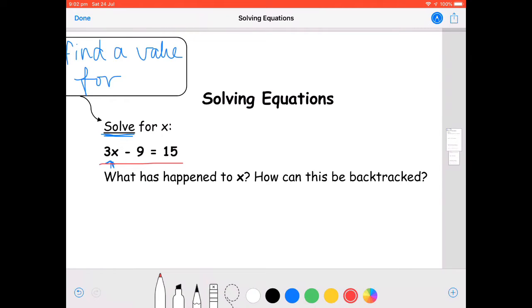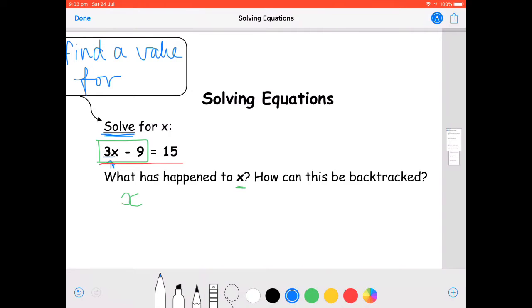But before we think about finding the value for x, what I want us to do first is just focus only on this part of the equation here, 3x minus 9. And I want us to think about what has happened to x, so just x by itself, in order to get to 3x minus 9. So first of all, we can see that x has definitely been multiplied by 3 because there's 3 groups of x there.